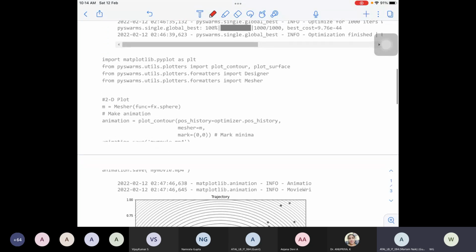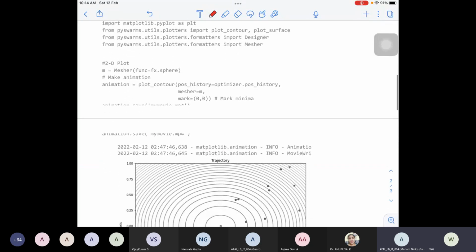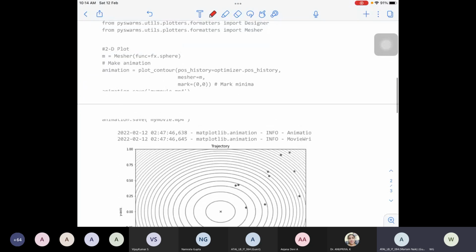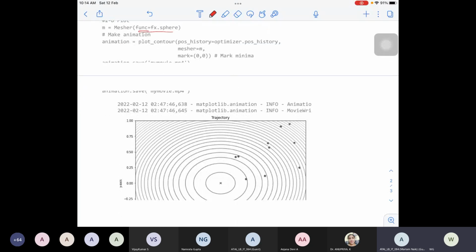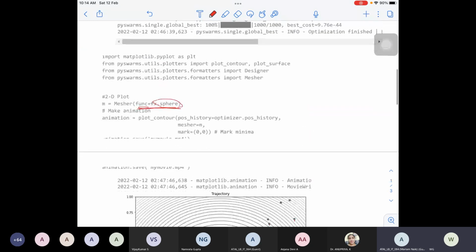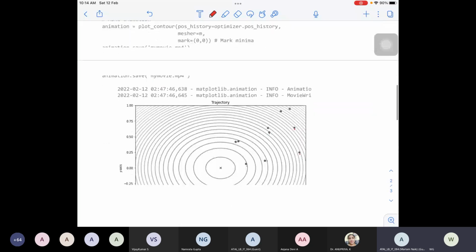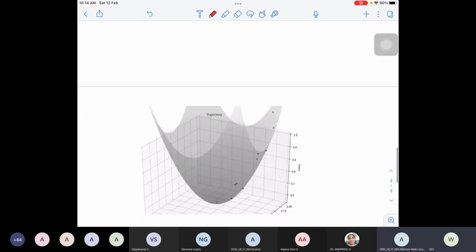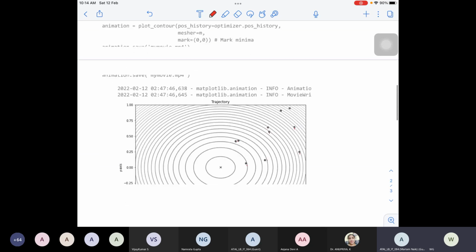Once you have the result, you can also plot the contour. You have the sphere function, and you can plot the initial positions of the particles, or at various iterations how they move, with respect to a contour plot.